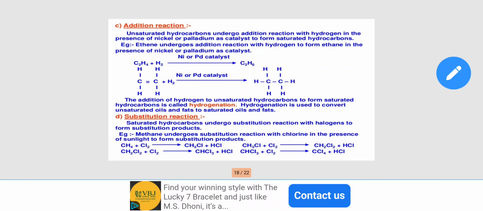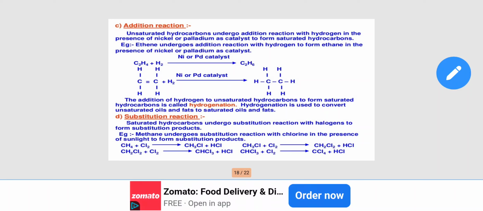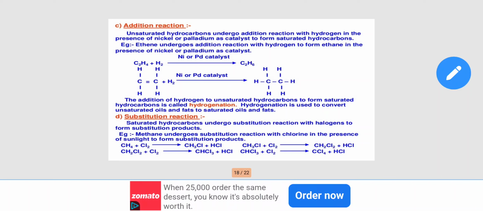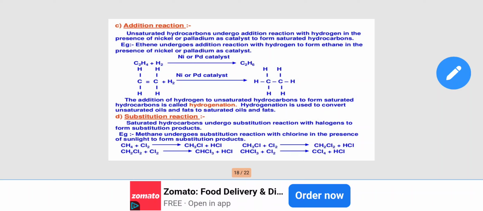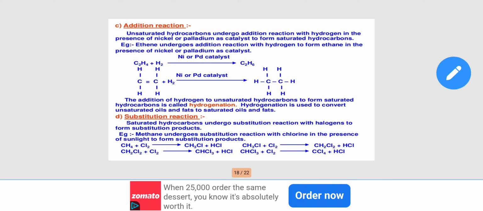Addition reaction. Unsaturated hydrocarbons undergo addition reaction with hydrogen in the presence of nickel or palladium as a catalyst to form saturated hydrocarbons. For example, ethene undergoes addition reaction with hydrogen to form ethane in the presence of nickel or palladium as a catalyst.